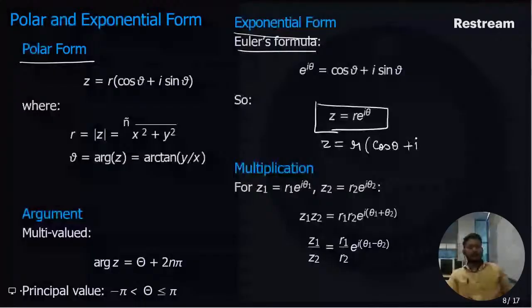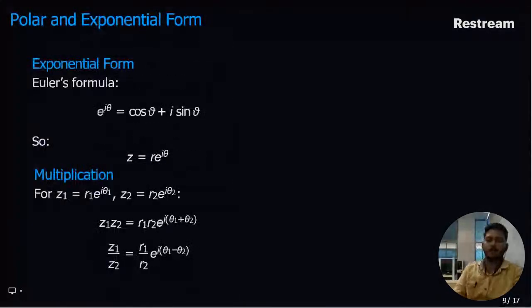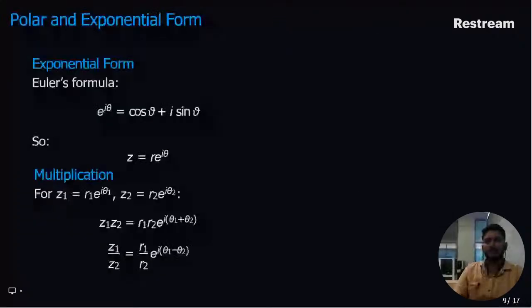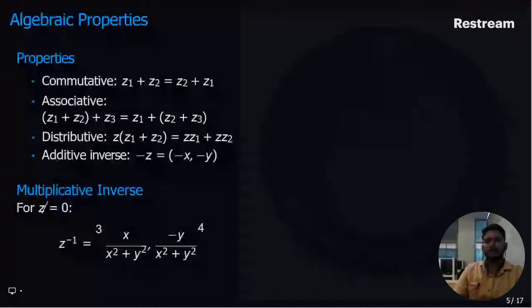This is the Euler formula. In the next lecture we will study more about the exponential and polar form, De Moivre's formula, roots of unity, or you may say the basic properties of complex numbers.